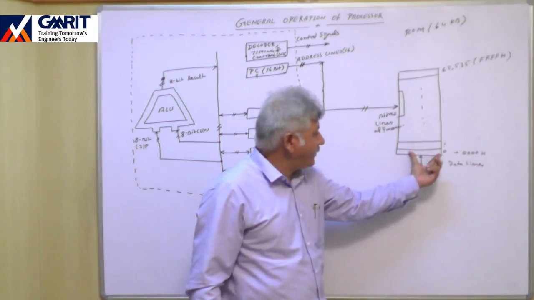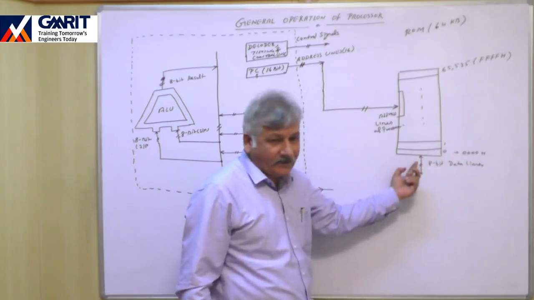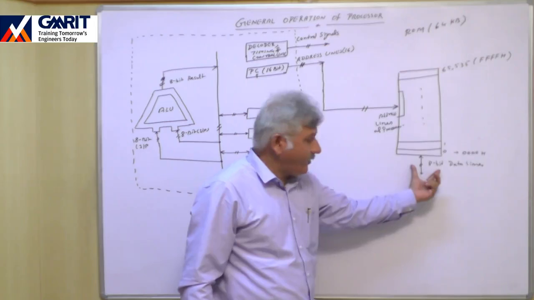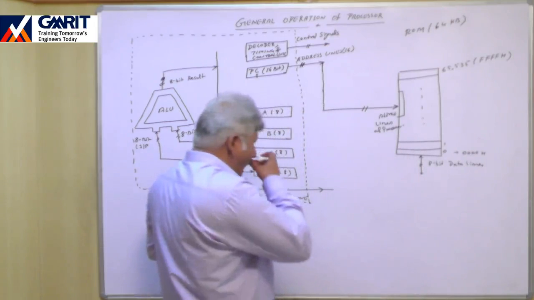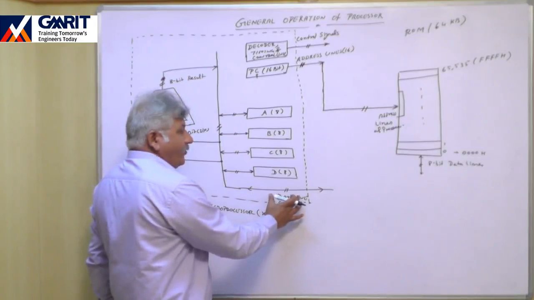Those 8 bits will come out from this memory through 8 different data lines. So this 8-bit data line will be connected to the 8-bit data line of the processor.